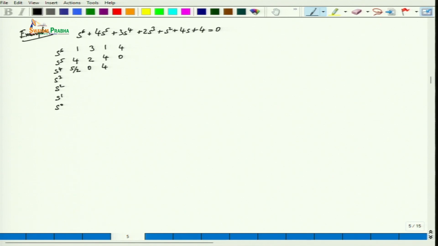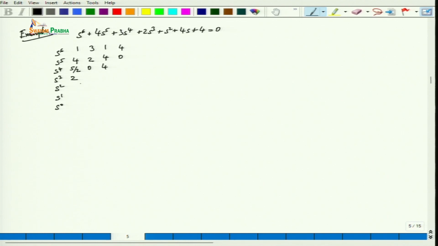Next we consider this particular portion here. So 4, 5 by 2, 2, 0. So 5 by 2 into 2 minus 0 divided by 5 by 2, so that is basically 2. Next part we look at 4, 5 by 2, 4 and 4.